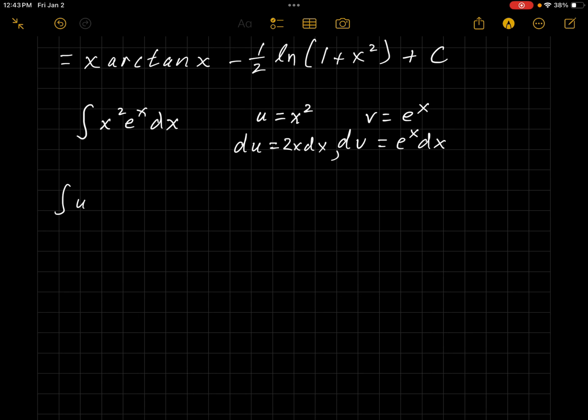And then the integral of u dv is uv minus the integral of v du. So we can plug in uv: x squared e to the x minus the integral of v du.